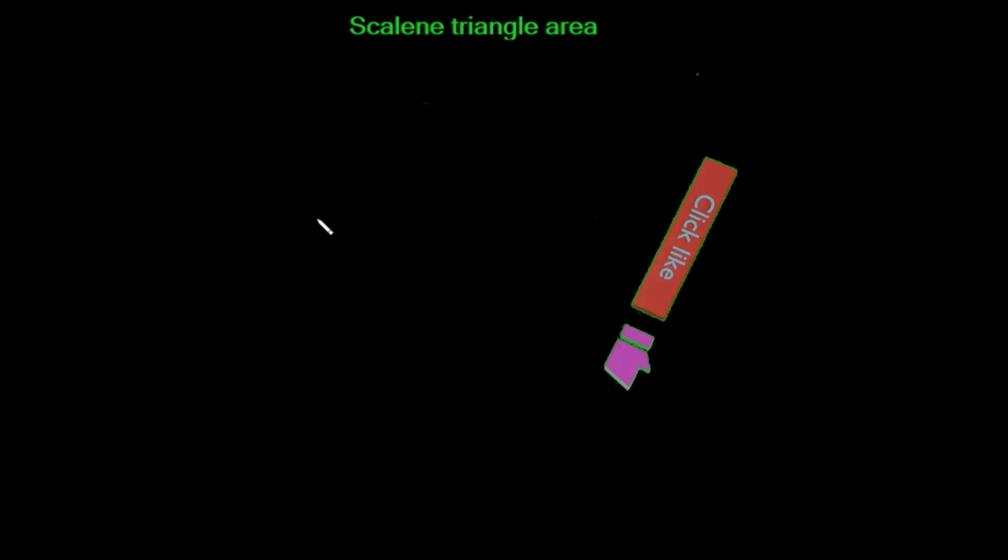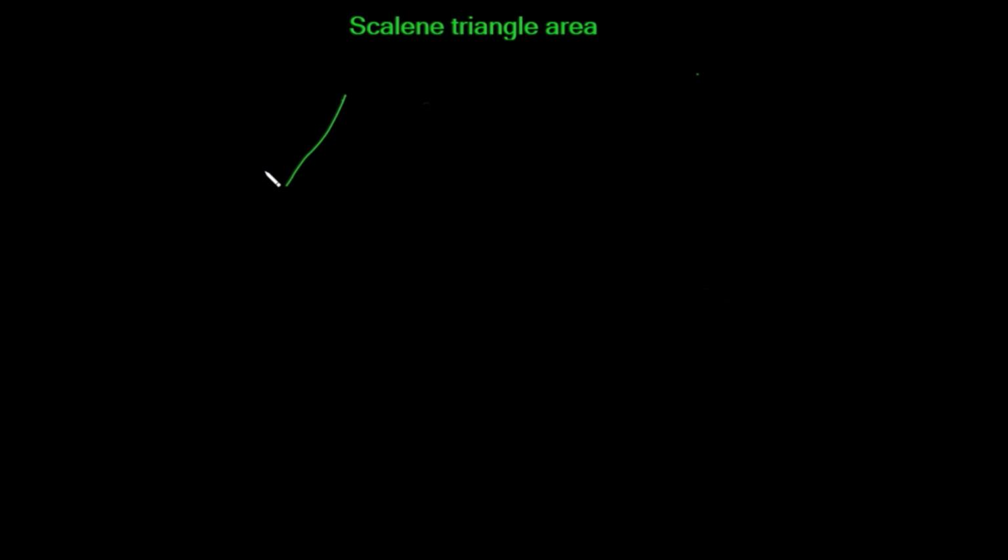The general principle: I'm going to do a diagram here. That was meant to be a straight line, and it wasn't. Try again. Suppose we have a triangle like that, a scalene triangle, where all the sides are unequal length.